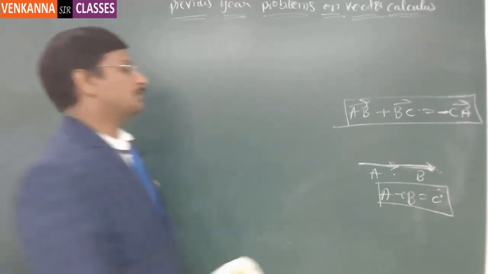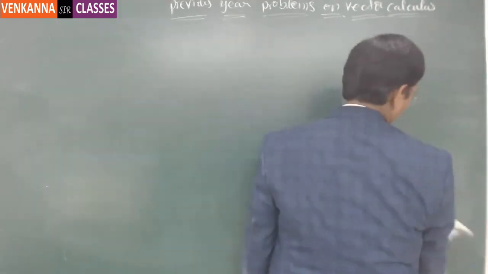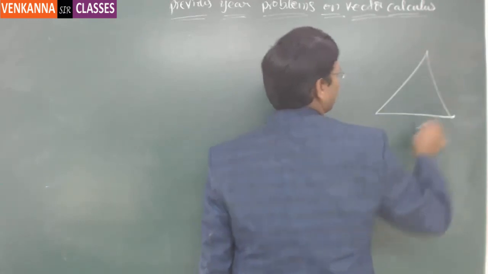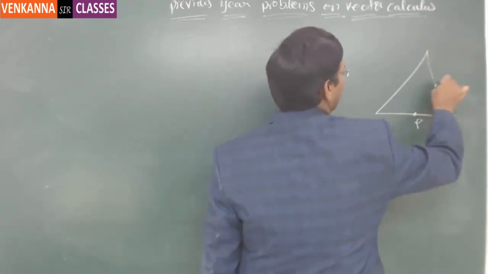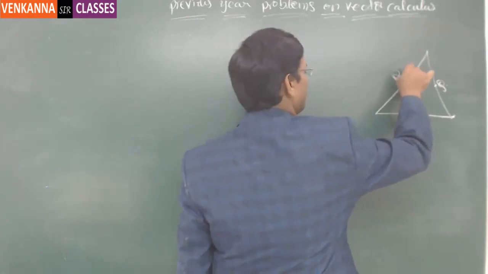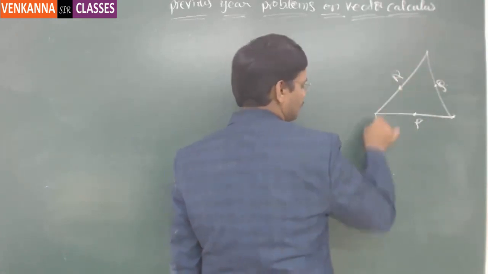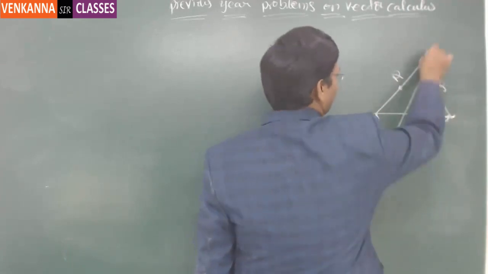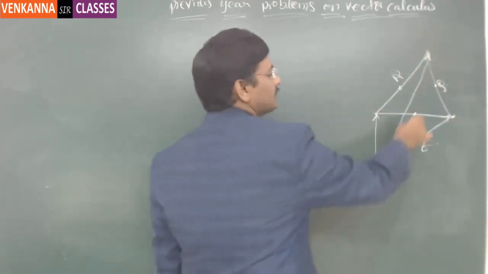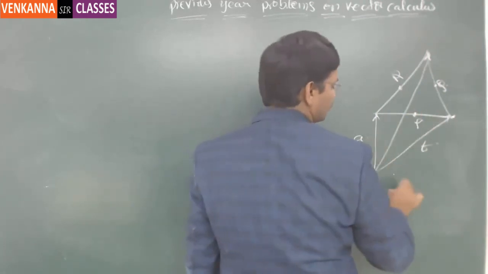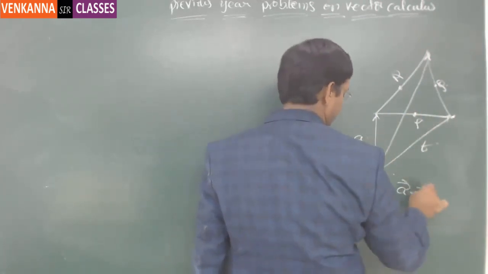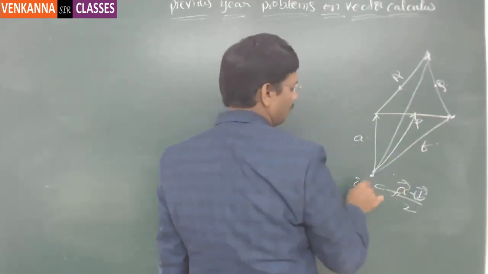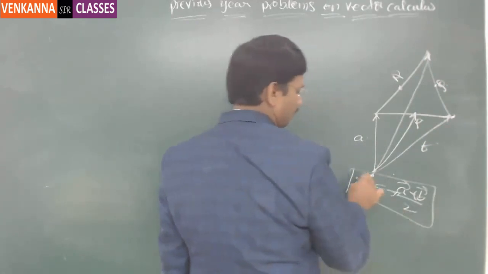And the second part of the problem statement is, he asked us to find the medians. In this particular triangle, this point is P, this point is Q and this point is R. Now this is vector A, this is vector B and this is vector C. The median is nothing but A plus B by 2, this is the vector OP, or the P vector.